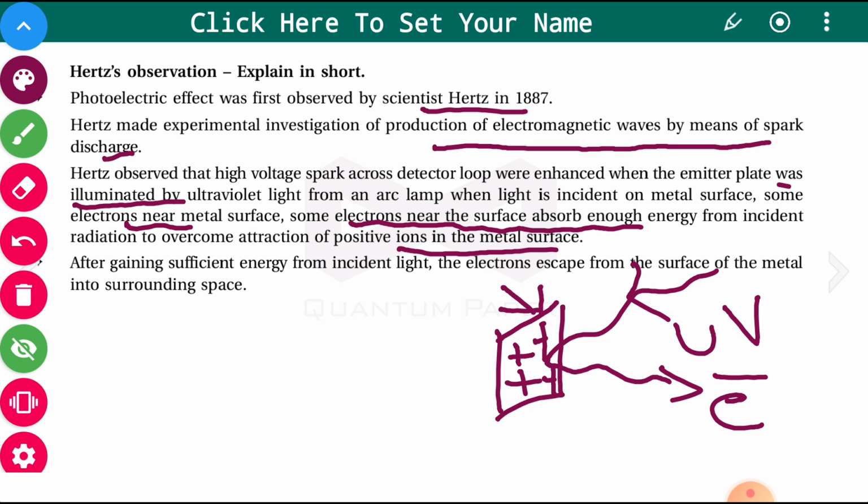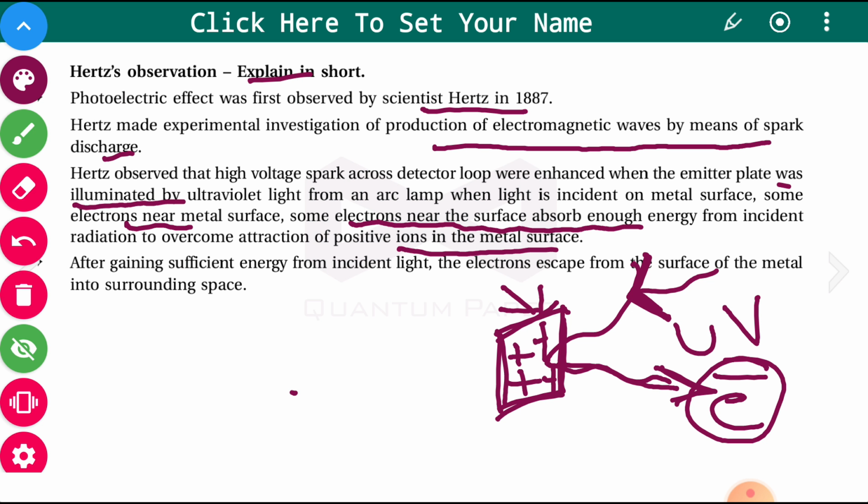Whenever ultraviolet light is incident, electrons are ejected from this metal surface, and the surface becomes positively charged.